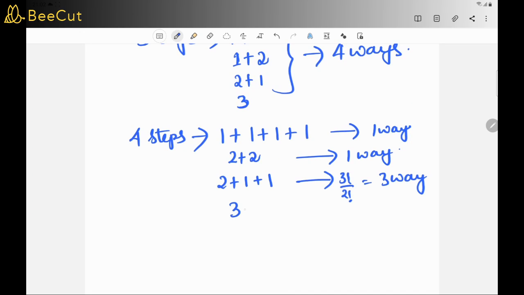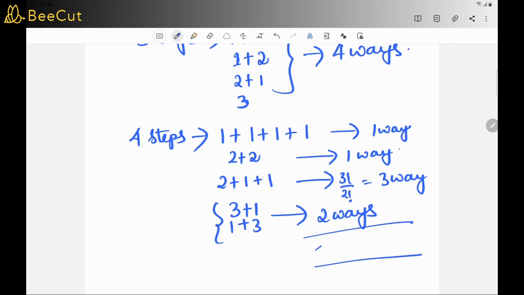Followed by 3 steps and 1 step, which can be done in 2 ways, because 1 3 and 3 1. So the total number of ways is 7 ways.